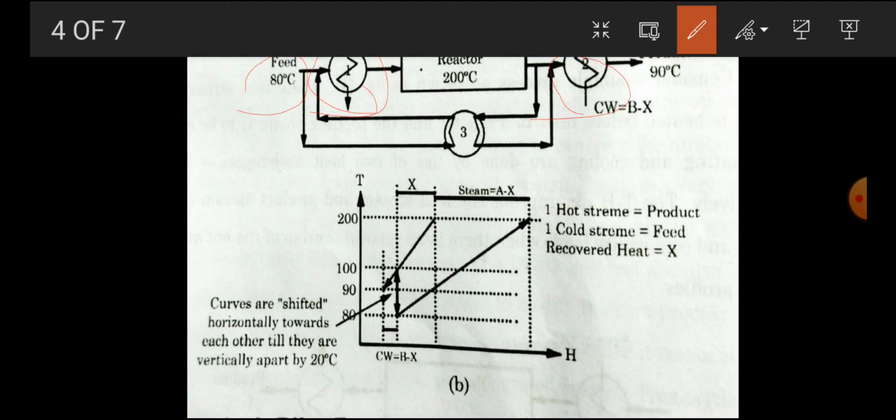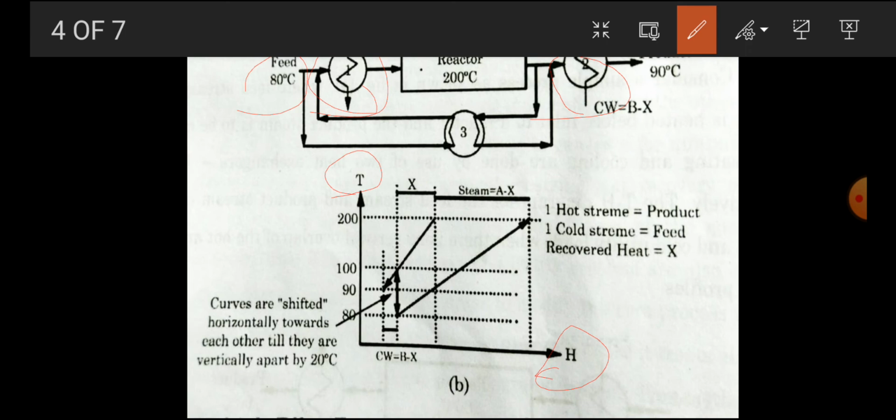So the TH diagram for the feed stream and product stream depicts the hot and cold utility loads where there is no vertical overlap of hot and cold stream profiles. So this is a temperature versus enthalpy diagram, and there is no overlap.